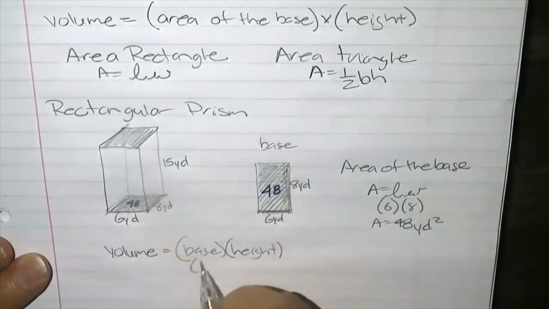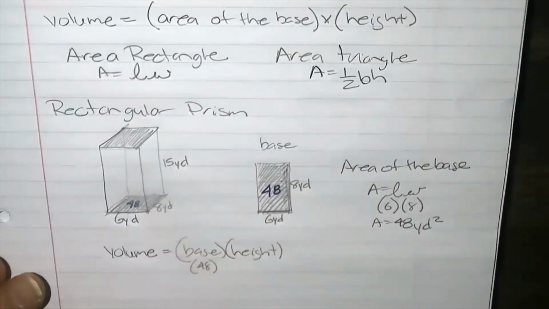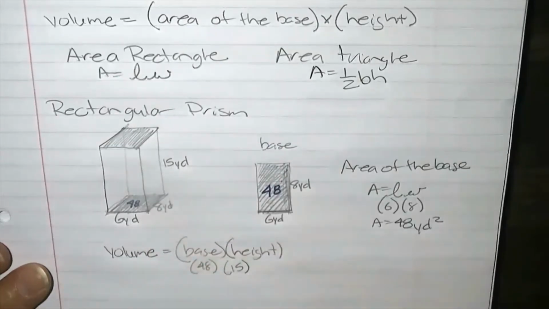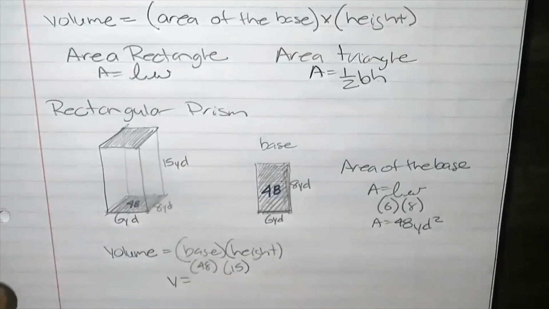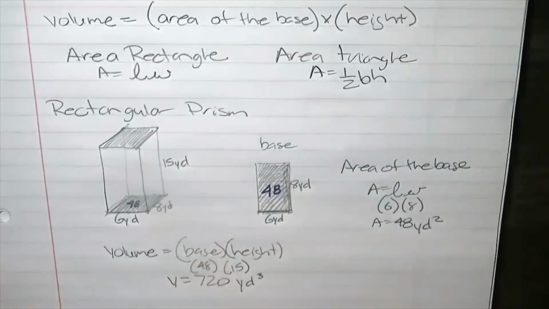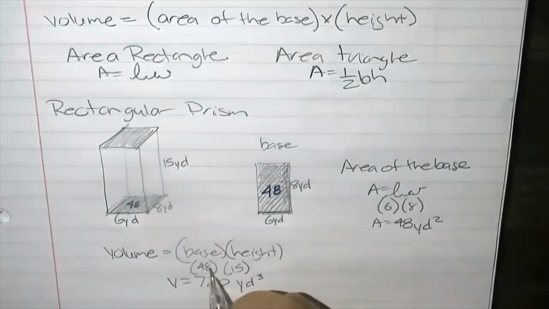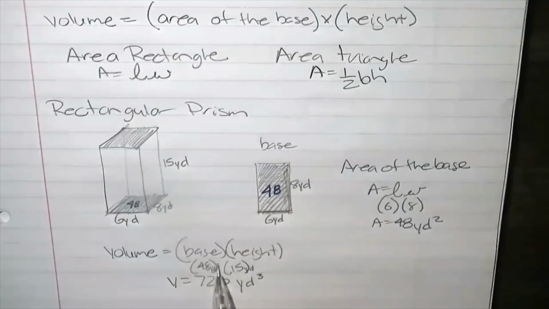This is my base, 48, and I've got 15 of the bases stacked on top of each other. So the volume, I'm going to use my handy dandy calculator, is 720 yards cubed. And we get yards cubed because this here is yards squared, and this is yards.